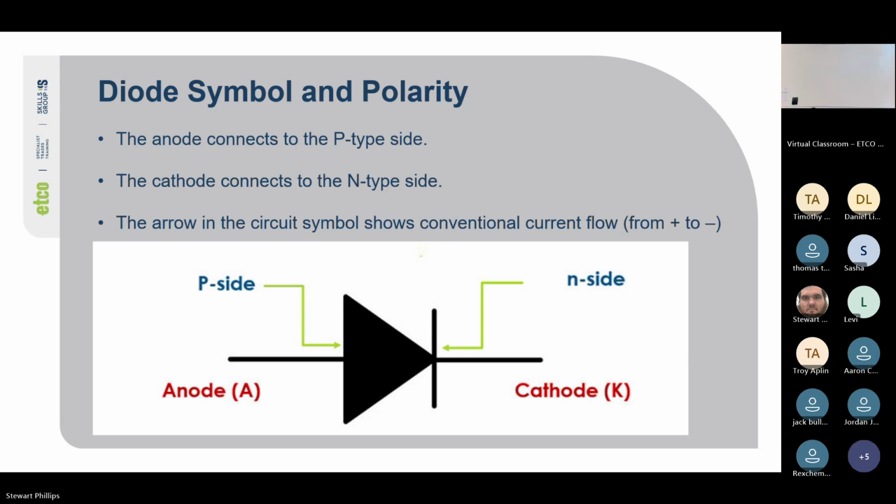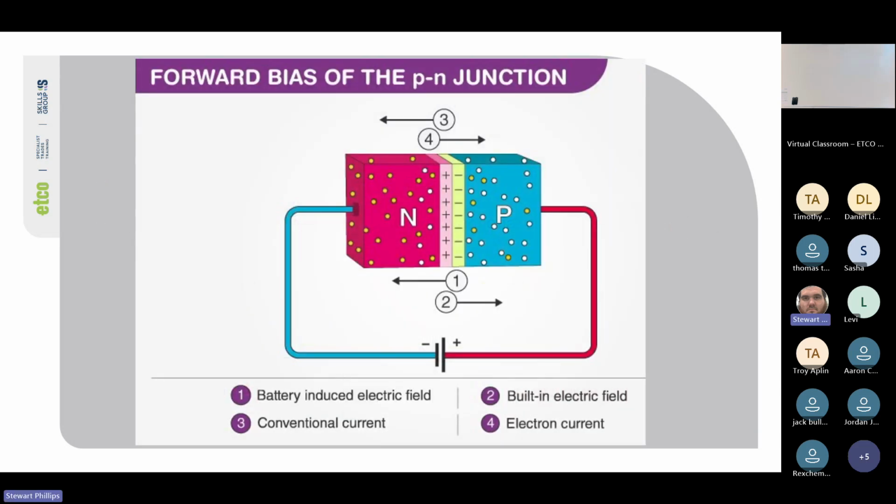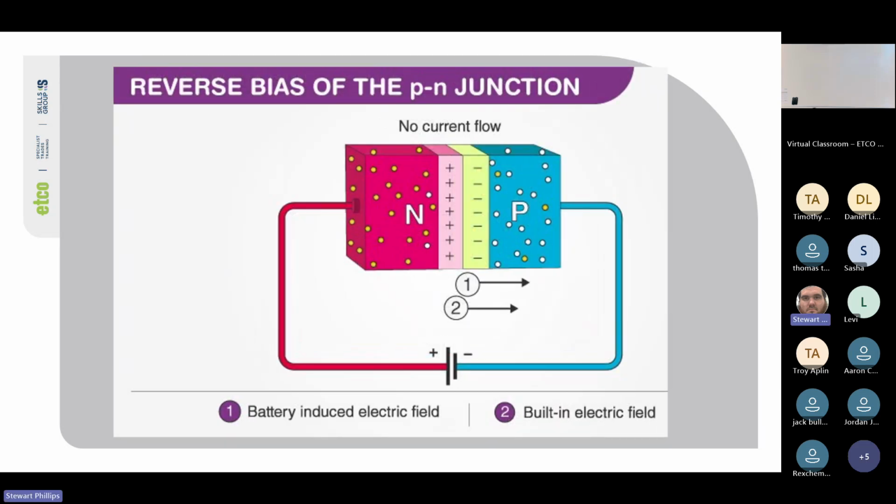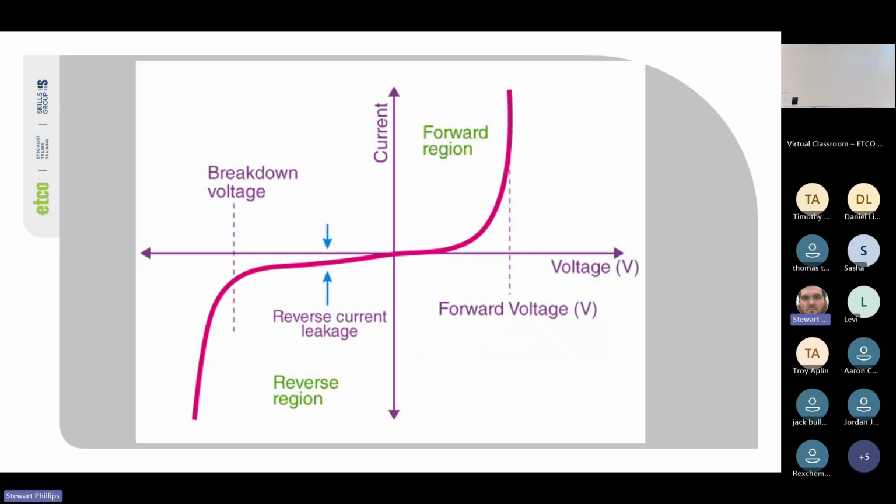So for a diode, if we connect it in forward bias, the battery will allow current flow. Whereas if we connect it in reverse bias, we will get a bigger depletion layer. And this is what we call its operating characteristics. You see we've got the voltage and the current.